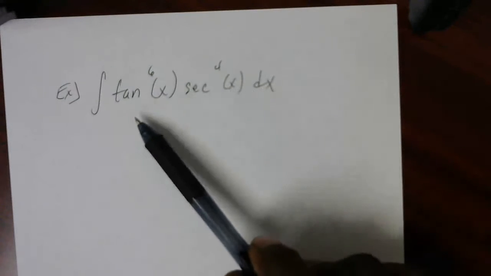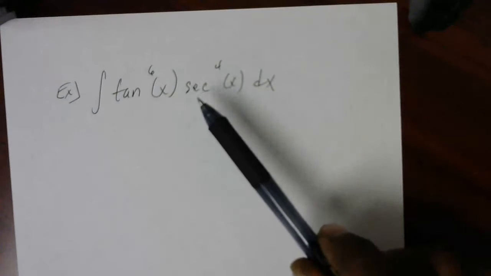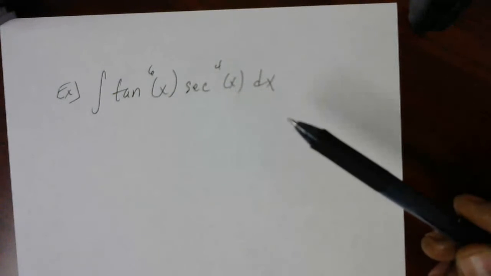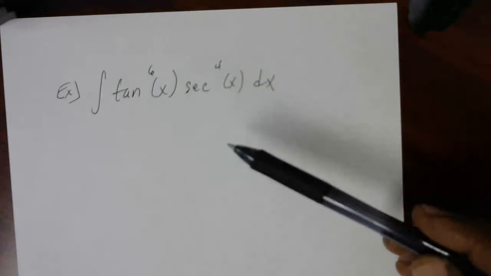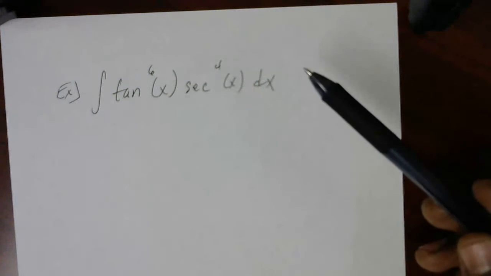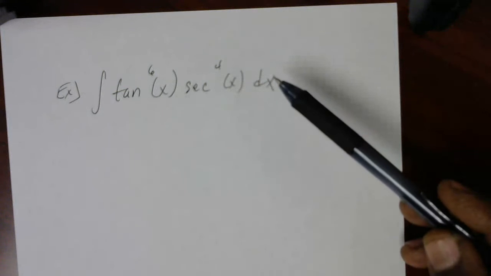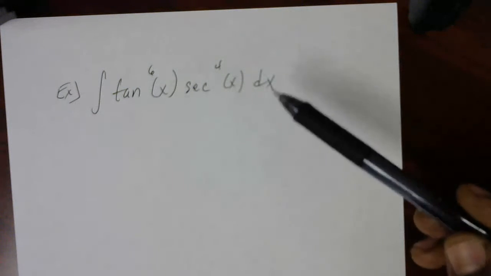We want to look for a tangent to the 1st power, which we don't have, or we want to look for a secant square, which we don't actually have. And the reason why we would look at a secant square is because we can actually integrate secant square.